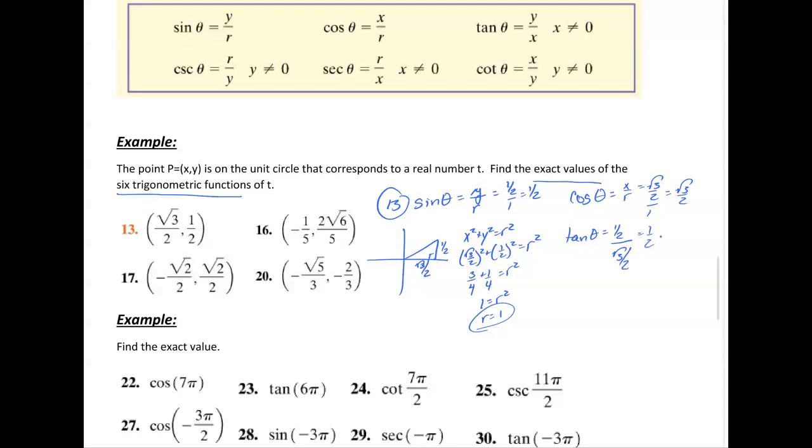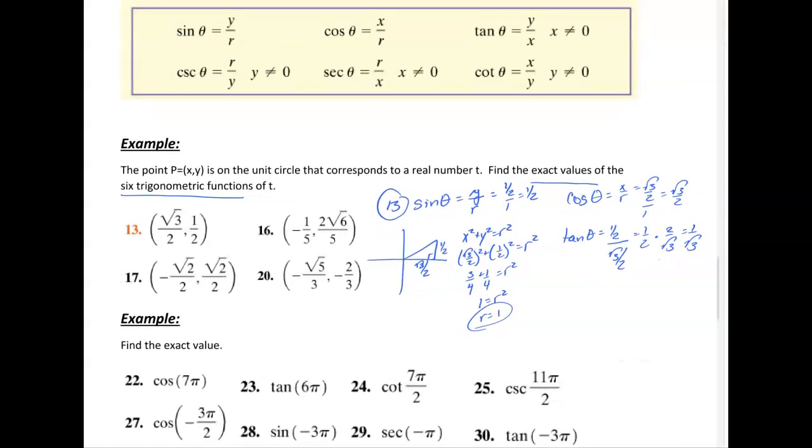And remember, when you divide, you keep change flip. So I'm going to get 1 over square root of 3, but we have to rationalize. We're not going to leave square roots in the denominator in this class. So we're going to end up with square root of 3 over 3.